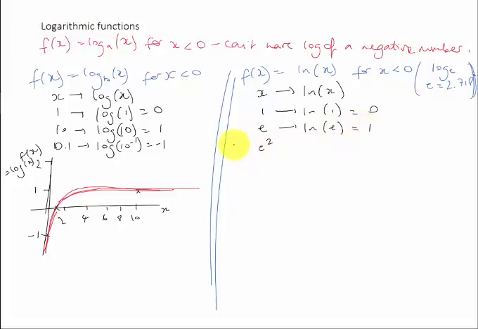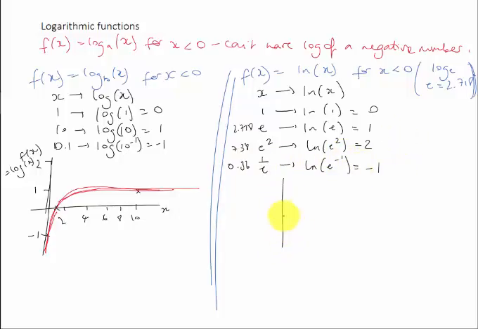If we took e squared, this is 7.38, e squared gives us ln of e squared, which is 2. And then 1 over e is 0.36, which gives us minus 1.